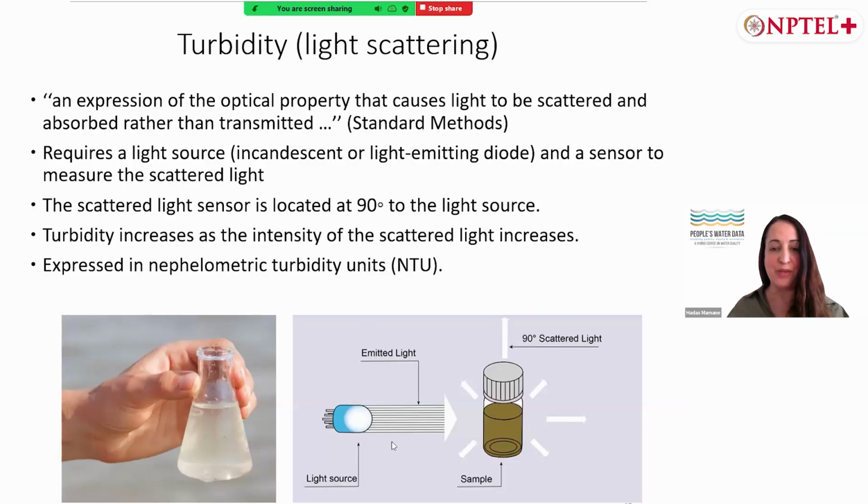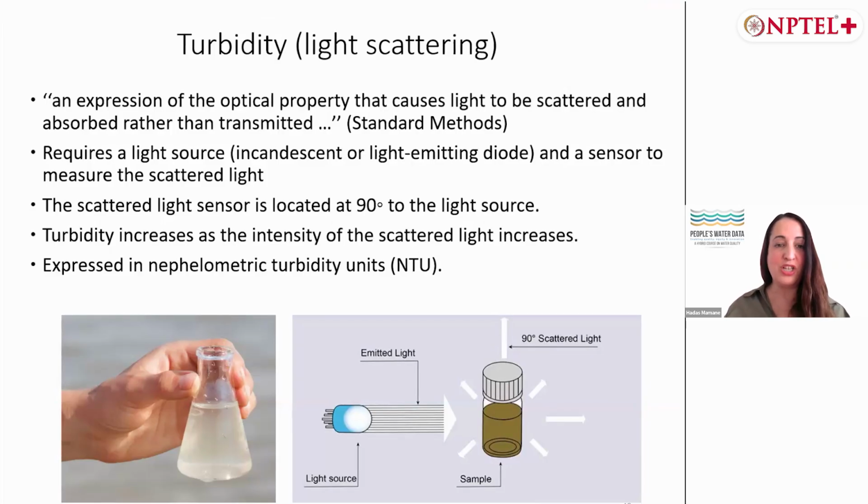If we see in the image below, we can see the light source, and we can see actually here the sensor that measures the scattered light at a degree of 90 degrees to the light source. Turbidity will increase as the intensity of the scattered light will increase, and it's expressed in a parameter that is called NTU, which is nephelometric turbidity units.